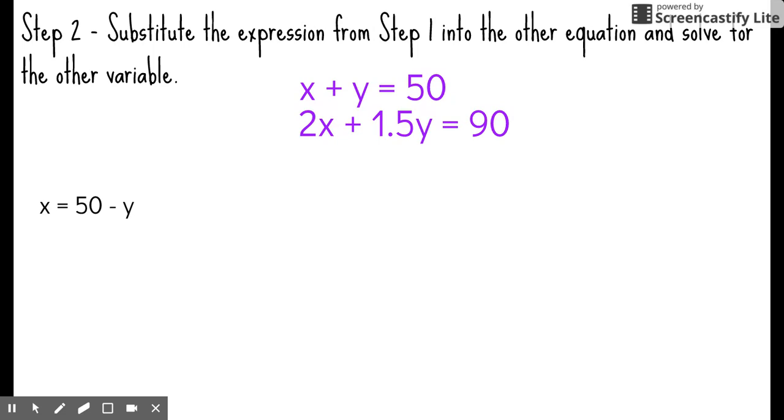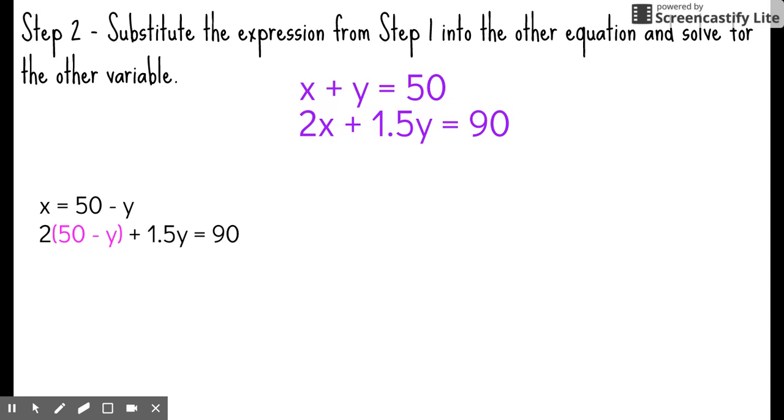So now we're going to take that expression from step 1 and plug it into the other equation and solve for y. So we replace the x variable in the second equation with 50 minus y, as you see in pink, plus 1.5 times y equals 90.